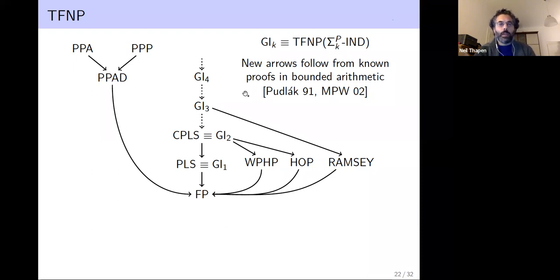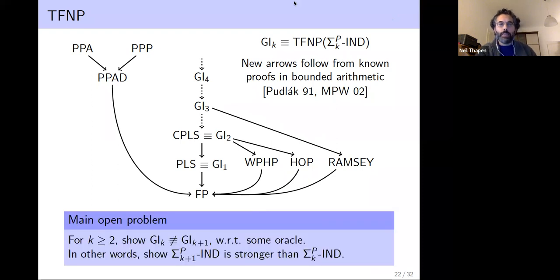And because we've studied what you can prove in bounded arithmetic, we can draw some lines here. So we know that the Ramsey theorem is provable in GI3. And we know that the weak pigeonhole principle and this ordering principle are provable here. So we begin to get some kind of handle on where these things sit. And now I can mention again what the main open problem is in this area as I see it.